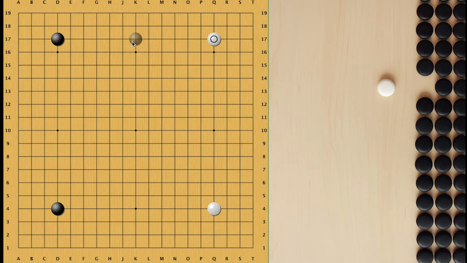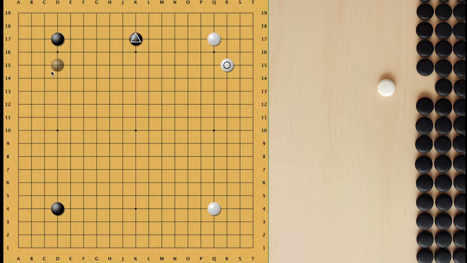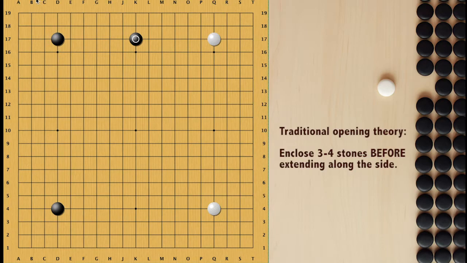And you'll see black play in this direction first, hoping that, say, if white makes his corner enclosure, he's denied white of his primary direction after the enclosure. And then black can go ahead and make his enclosure, and he has a stone in the primary direction. However, when we do this in the wrong order, we must enclose the corner first before extending along the side.